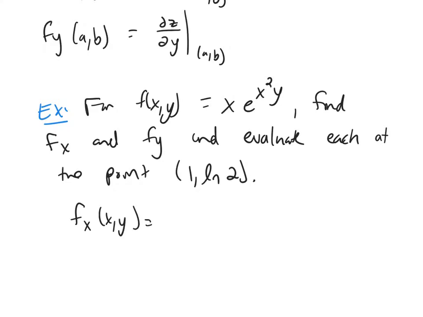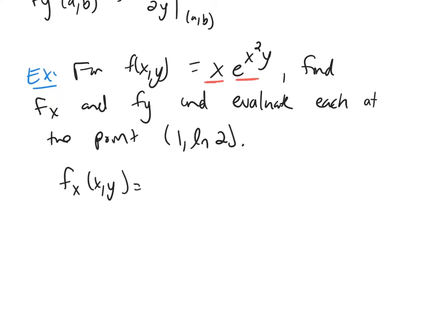if I'm taking the derivative with respect to x, I have x here and I have x's here. So you're going to have to use the product rule. So I'm going to take x times the derivative of e to the x squared y.